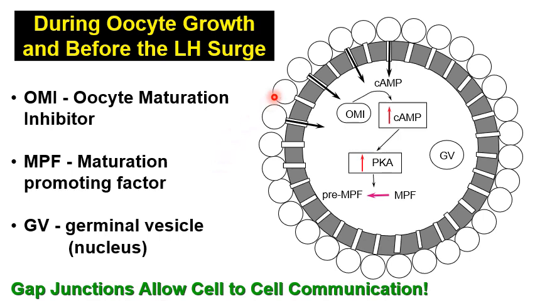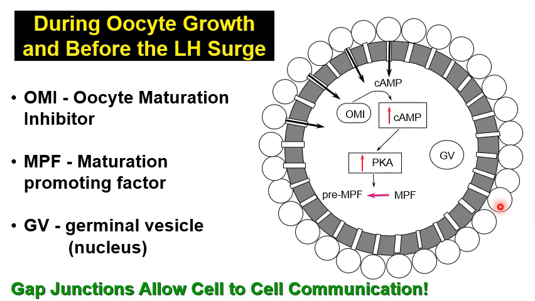So this diagram shows the corona radiata, the zona pellucida, and of course, we have the cytoplasmic processes here and the gap junctions later. So through the gap junctions, the corona radiata can send signals that lead to the increase in cAMP within the oocyte. So one factor that is important here is the cyclic AMP. And of course, cyclic AMP is increased by the presence of OMI, or the oocyte maturation inhibitor.